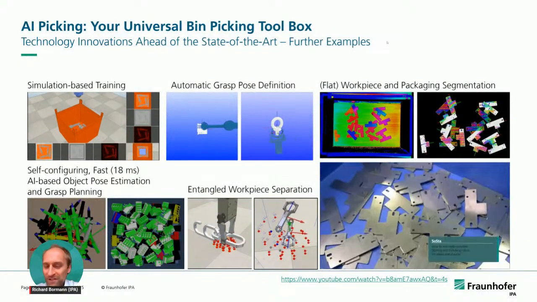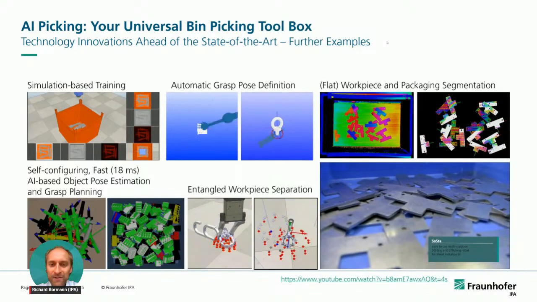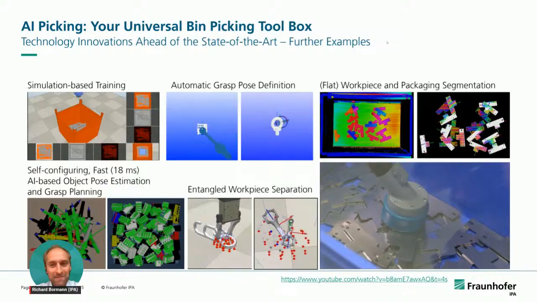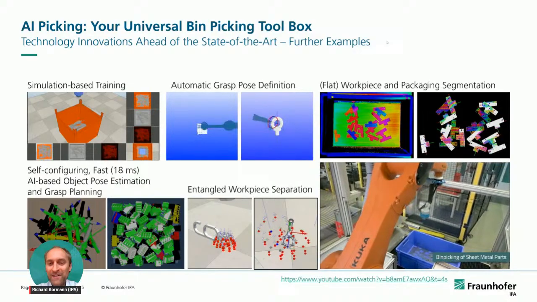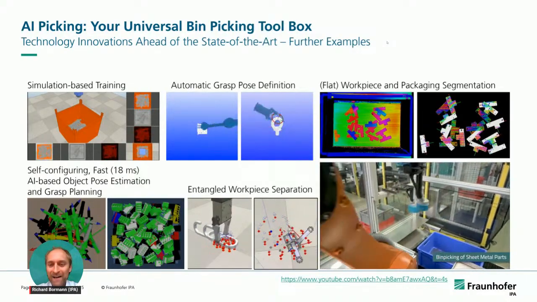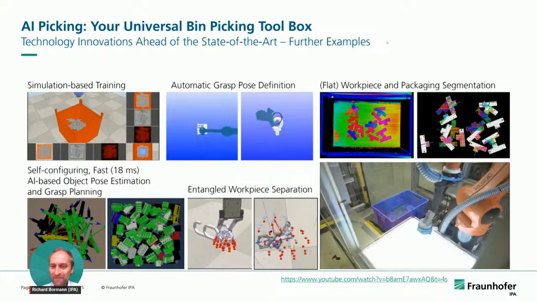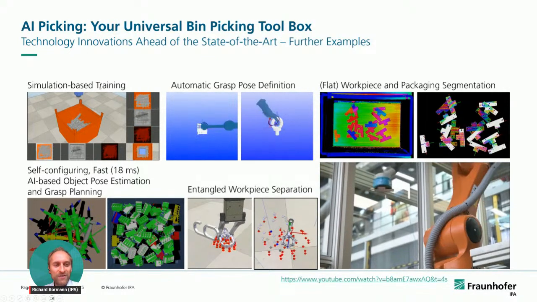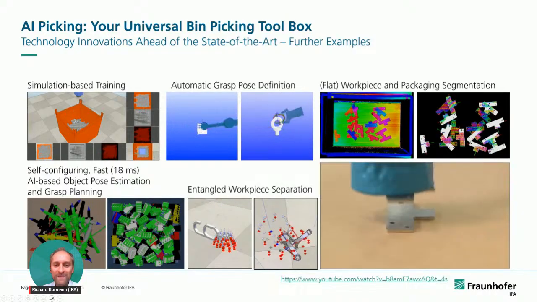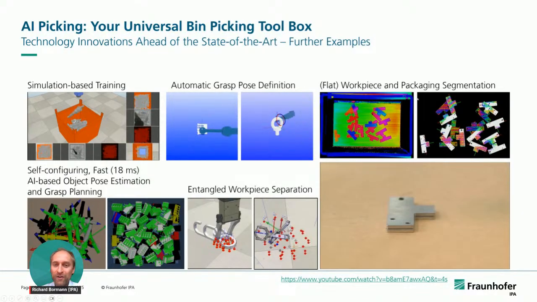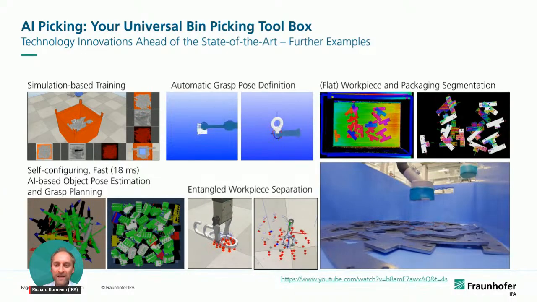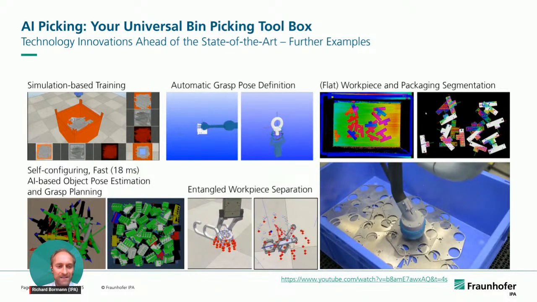Okay, just to wrap it up, so we have many intuitive and innovative technologies in this system, and we are day by day working on more improvements and newer technologies. So be on the lookout for what we have next for you in the next months. But just to wrap it up, we have simulation-based training, we have automatic grasp pose definition, segmentation of any packaging materials or whatever might be in the box, so that you can just work with the real parts in your sensor data.